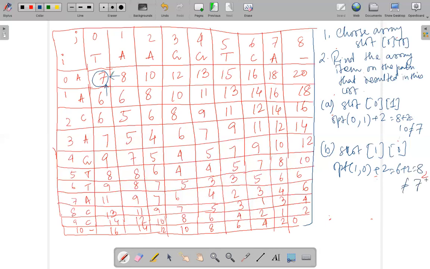So we have not come from this path either. The last option left is slot 1, 1. So this will be OPT 1, 1 plus penalty.